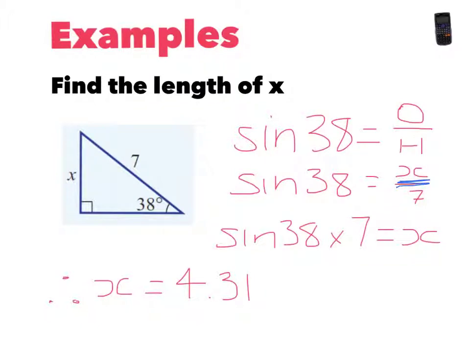It was on top, so all I had to do was multiply both sides by 7, which would cancel out the 7, in order to find x. Today we're going to look at something a little bit different. This time I'm not going to have the numerator, I'm going to have the denominator unknown. How do I find an unknown if it's on my denominator?